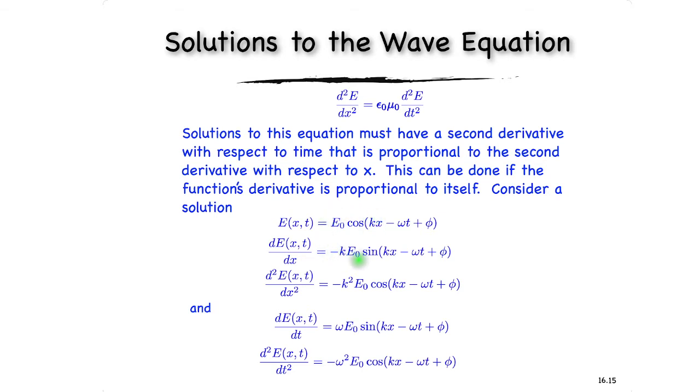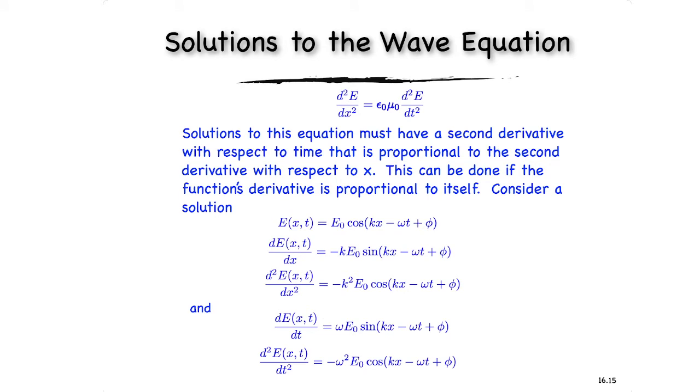So we get minus k times E naught sine of the original argument. And now if we take the x derivative again, the x derivative of sine of kx minus omega t plus phi is going to be cosine of kx minus omega t plus phi. And again, through the chain rule, we get this factor of k popping out front. So now we get a k squared. And so the second derivative of our function looks exactly like our original function. It's just got this factor of minus k squared. So it's still proportional to the original function with this constant of proportionality minus k squared.